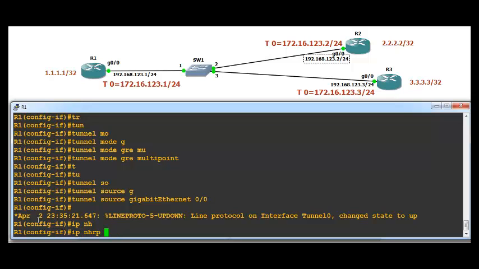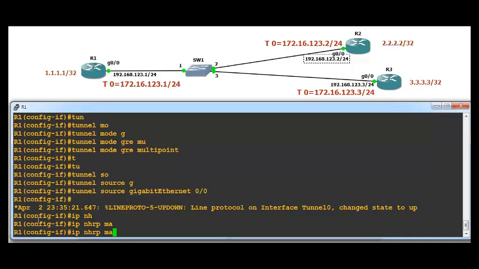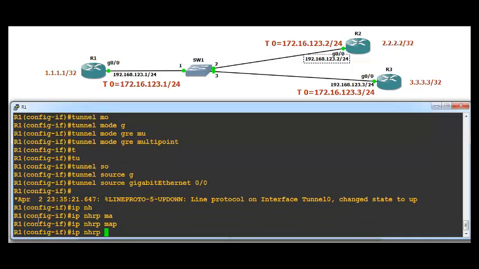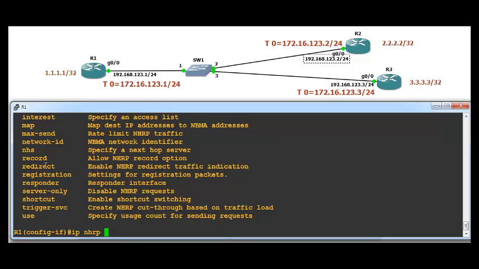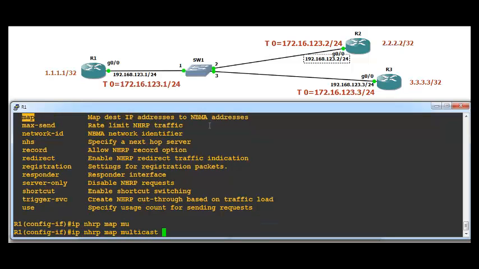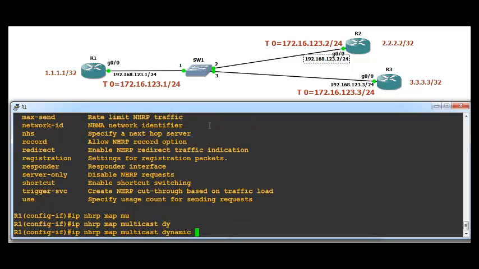IP NHRP map, see if you put a question mark, you can see the map here. Map the destination IP address of non-broadcast multi-access address. Now what is the meaning? I'm saying my next hop is a multicast. It's a multicast dynamic. What is this meaning?